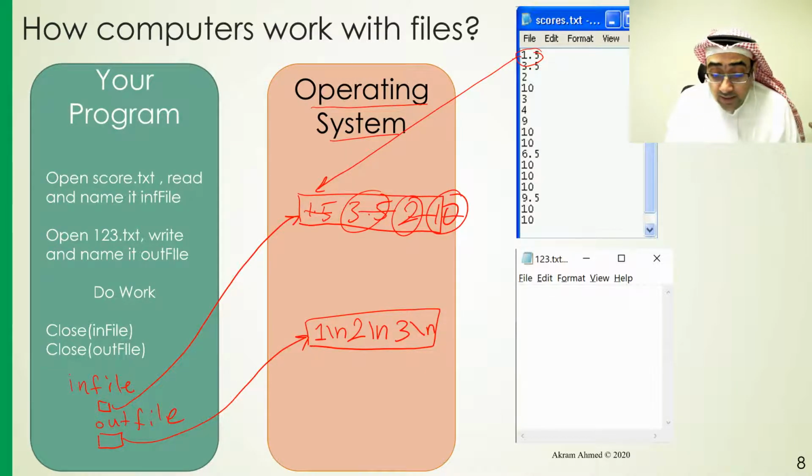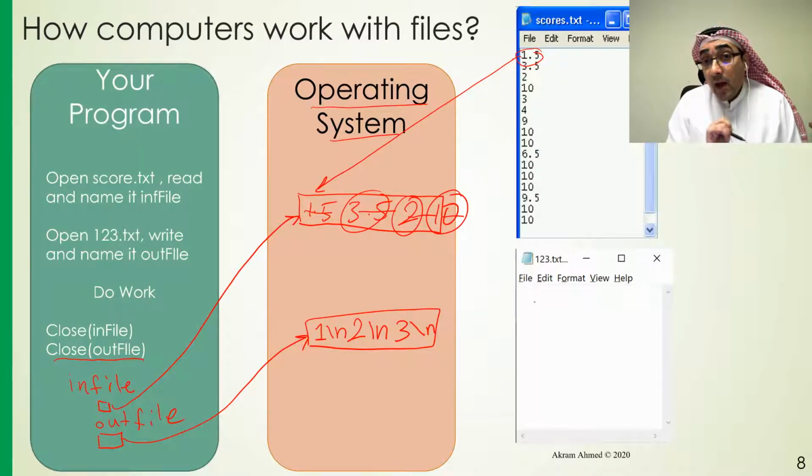Now, if you write into the buffer and you forget to do the fclose of the file, what's going to happen is when you close your program, the operating system might delete this without writing it to the file. So if it doesn't write it to the file, your file will be empty.